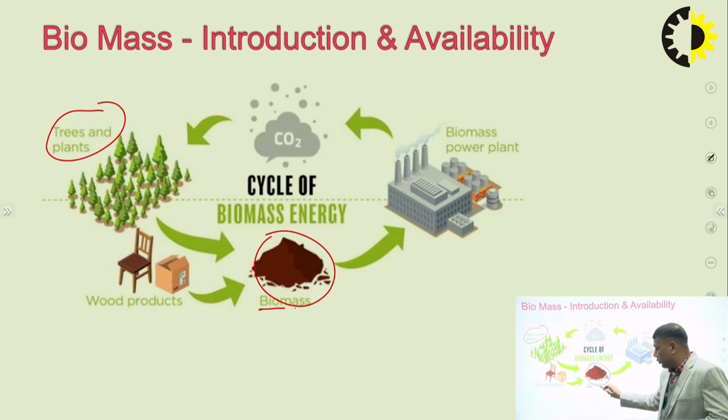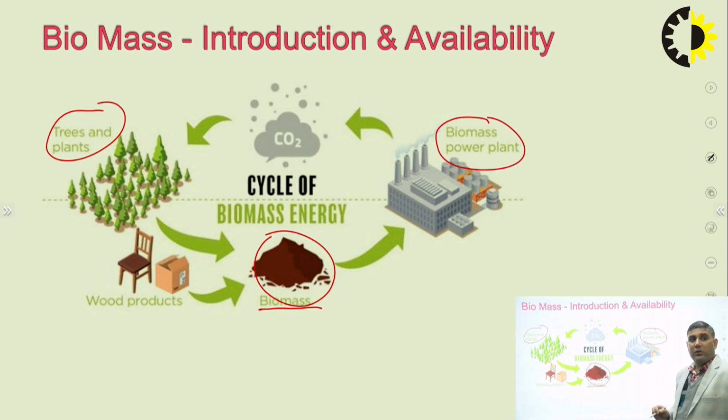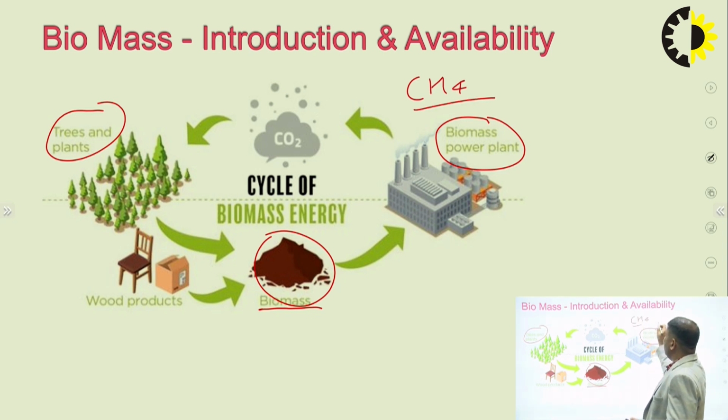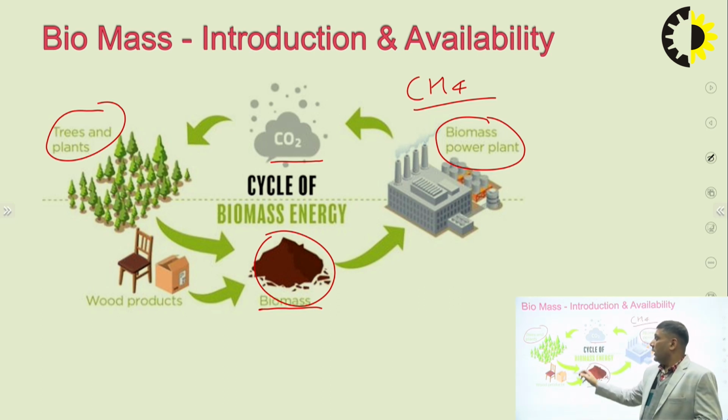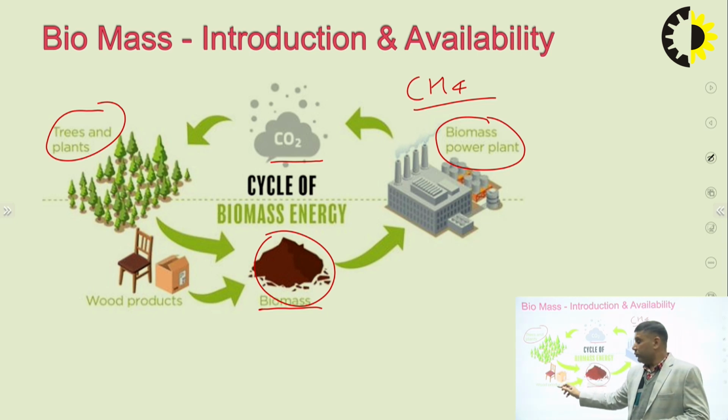So we have biomass, suppose, then we have biomass power plants. So what is the function of these biomass power plants? The function of these biomass power plants is to convert the waste product energy into some usable form, and then basically methane, CH4, methane gas as well as carbon dioxide, both are generated, and CO2 is left to the environment, which is absorbed by the tree and again converted into oxygen, and the tree may also be used after its use for the wooden products.